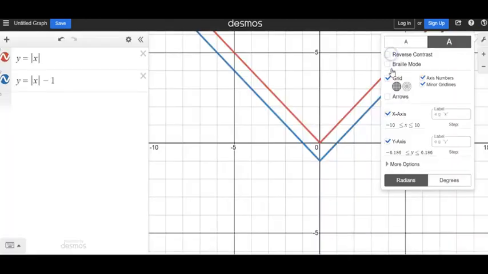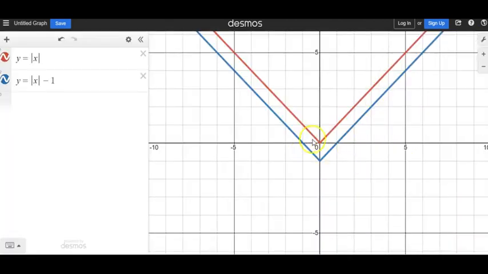And vertically speaking, it just moves our point, our vertex, from 0, 0 down to 0, -1, my apologies. The vertex is a key point to pay attention to. However, it's not the only point that we pay attention to.